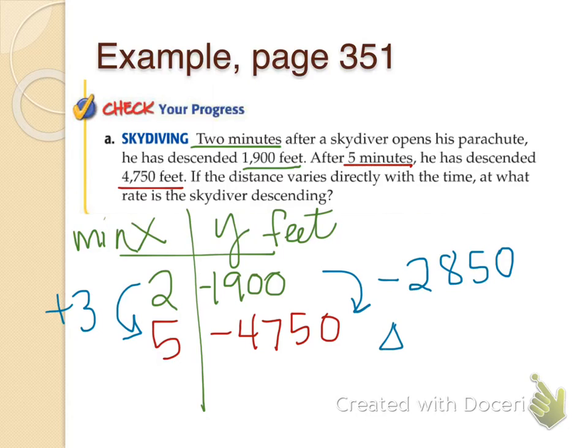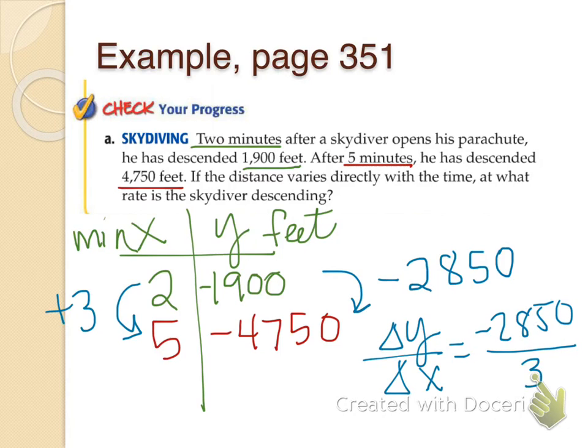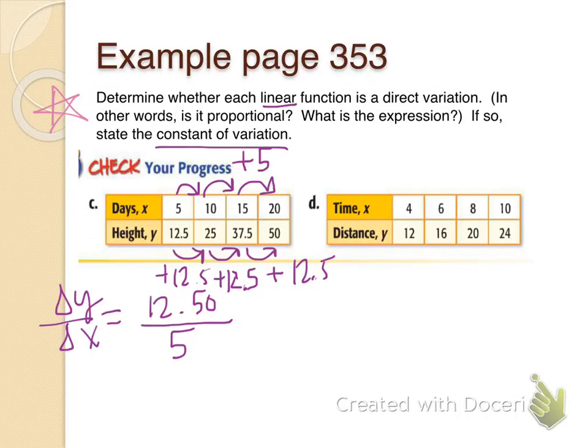So change in y over change in x tells me negative 2,850 over 3. Okay, and when we divide that, we get negative 950 over 1, which gives us negative 950. So my slope, remember that's the same thing as k.